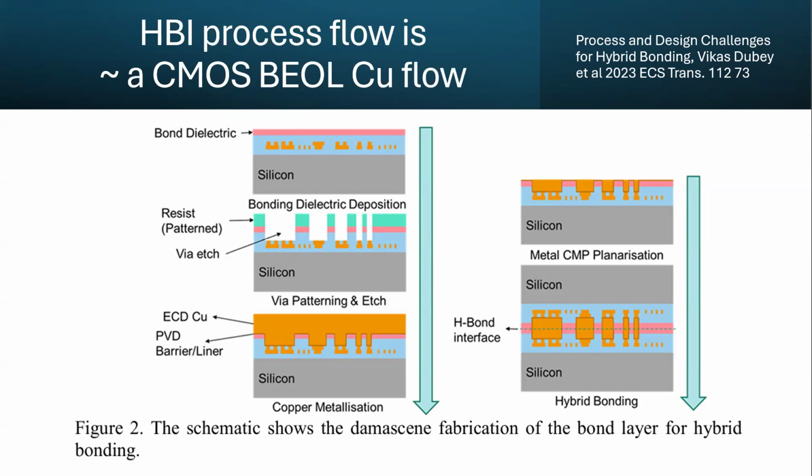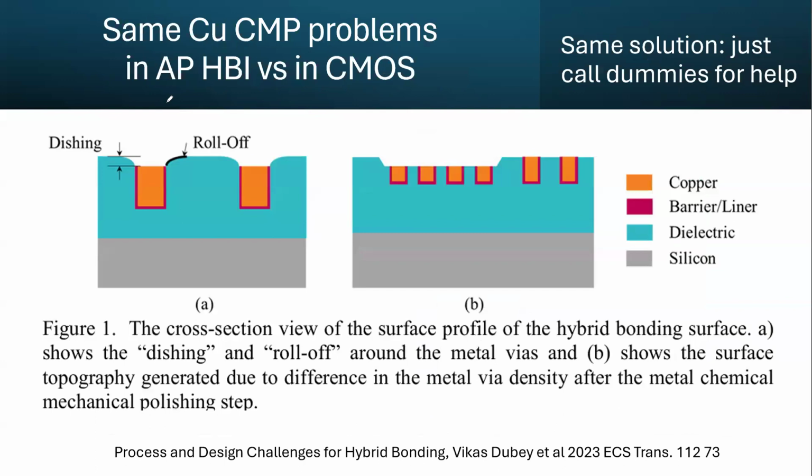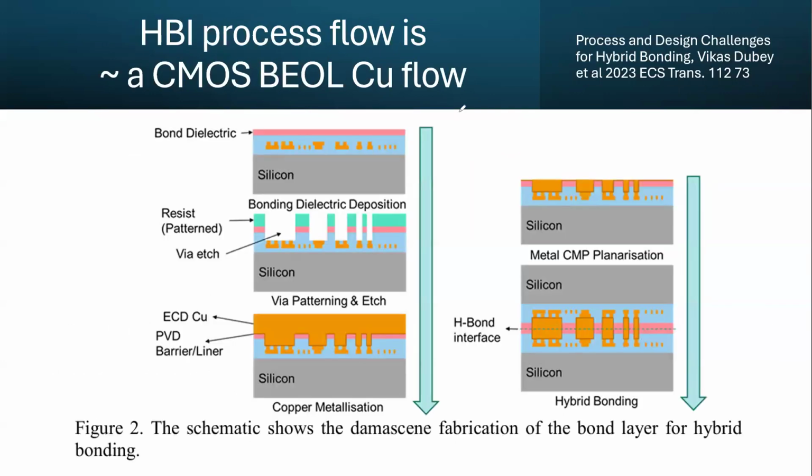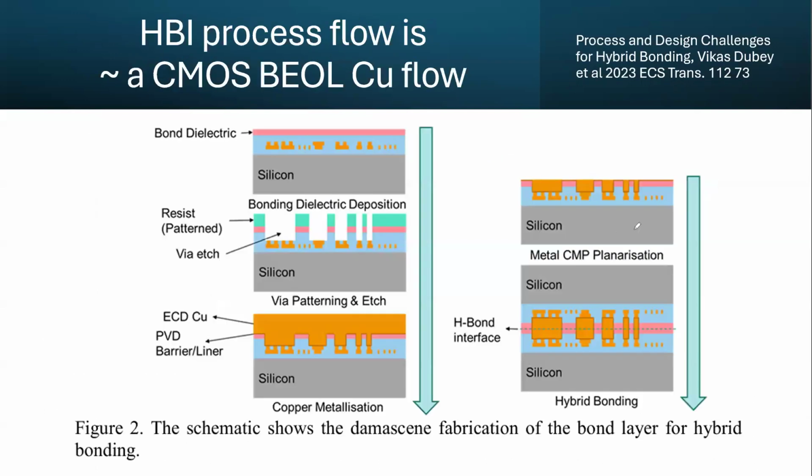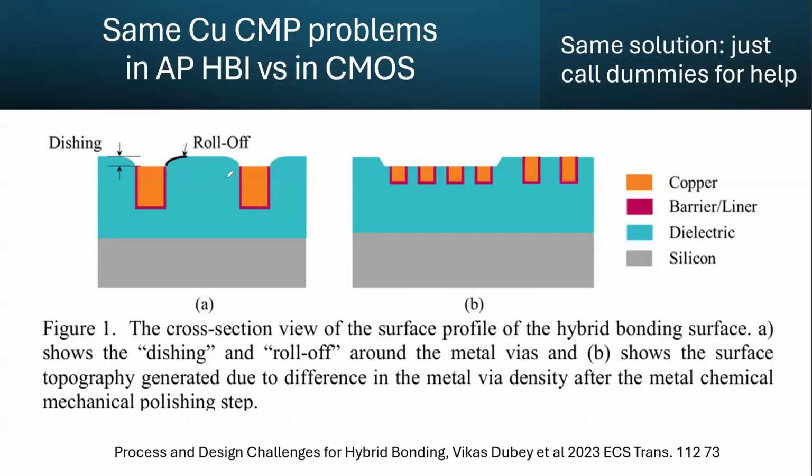And as I mentioned earlier, we are getting the process flow from the CMOS, and we're going to have the same problem, right? Same copper CMP problem. There's some metal CMP here. You deposit and planarize it. And when you planarize something, you will have this so-called dishing problem and erosion problem.